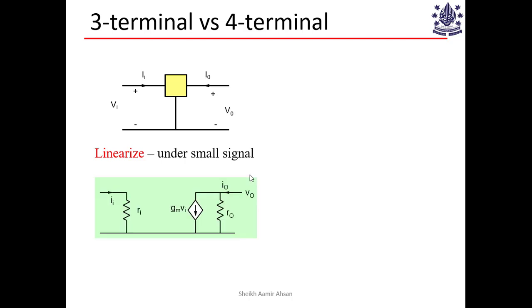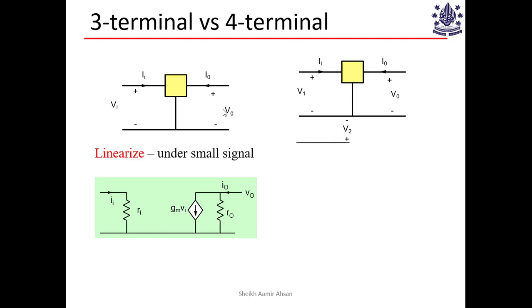So this is your three terminal structure. What if we have a four terminal transistor or a network? We have one terminal here, one here, one here, and one here. And let's say we have applied V1 here, V0 here, and V2 here, all these voltages with respect to this point, which is the common ground.